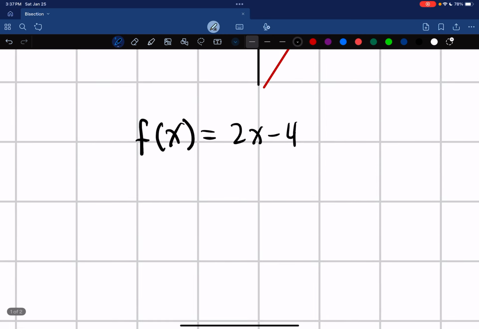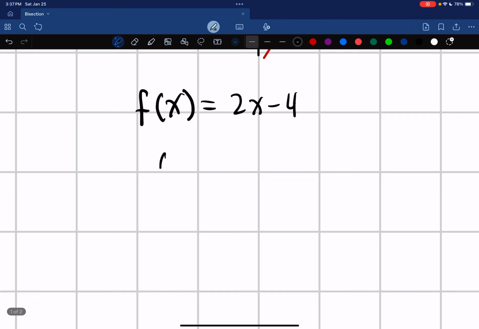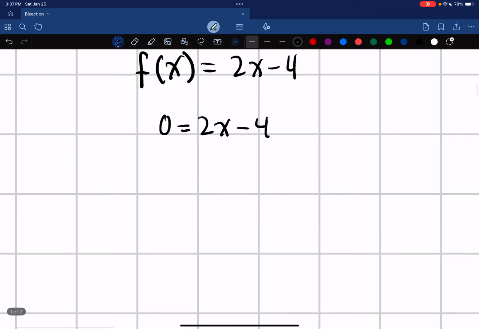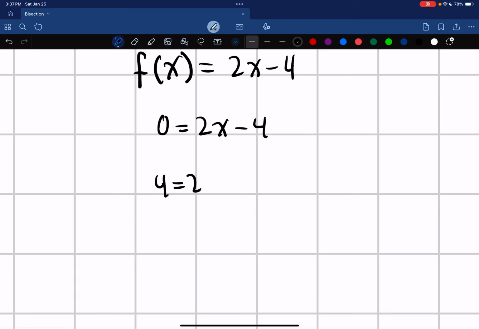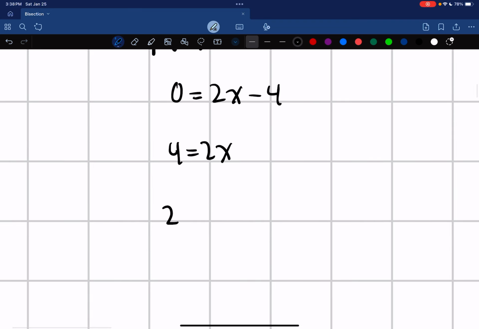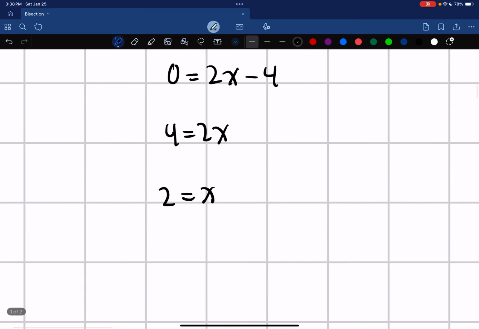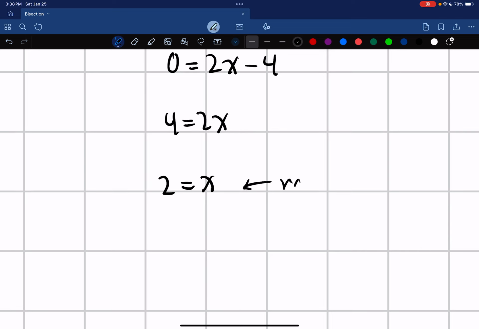Where's the root for this linear equation? The first thing you do is set this to 0, and then you just isolate for x. And so this will be 4 equals 2x, and then 2 equals x. And so now you know that there's a root at x equals 2.